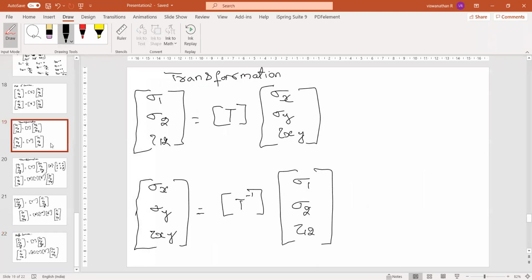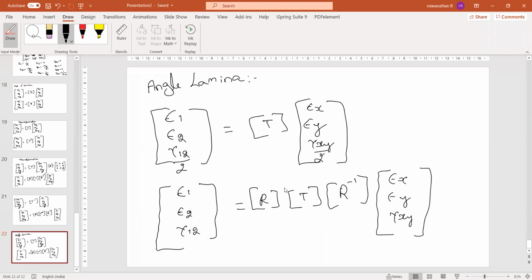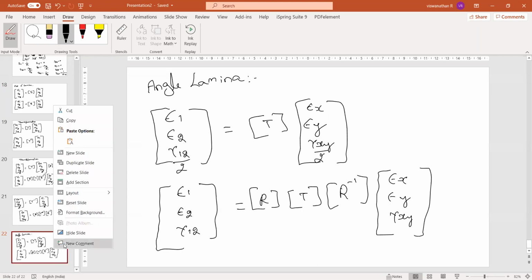Use the reduced stiffness matrix, Q. So I use the reduced stiffness matrix to find the local stresses.